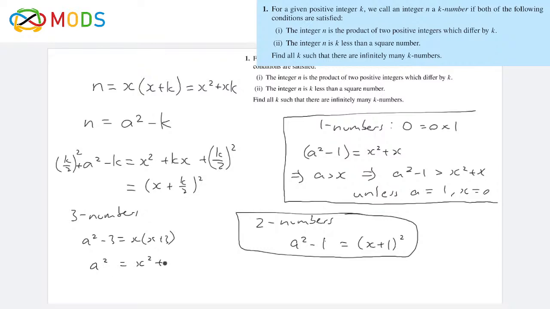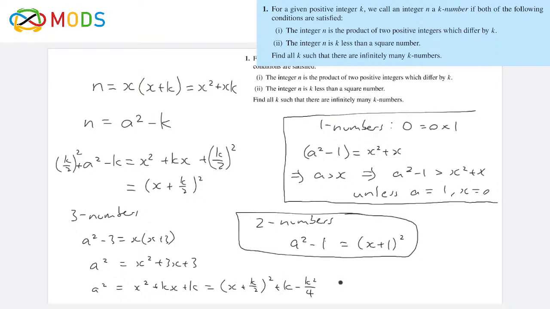Surely the way you want to do this is: a squared equals x squared plus kx plus k, right? And then you try to factorize this side as much as you can by completing the square. So you just get x plus k over 2 squared. And then the difference is, you want a plus k minus k squared over 4. So you need k minus k squared over 4.